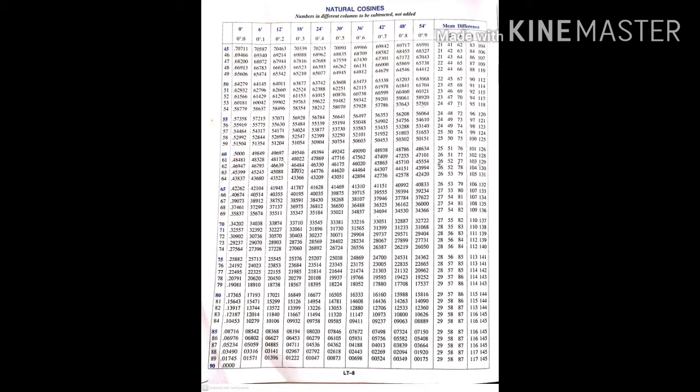So two things we have learned: in a natural sine table, whenever the mean difference comes, it should be added, and in the natural cosine table, the mean difference will always be subtracted. And why is it so? Because in the natural sine table the values are in increasing manner, and in the natural cosine table the values are in decreasing manner. That is why.